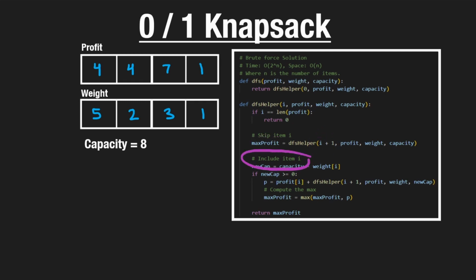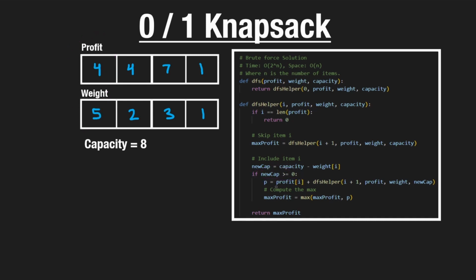When we include the item is a tiny bit more complicated, and that's because we first have to ensure that we have enough capacity to include the ith item. So we take the current capacity that we have that was passed into our function, subtract the weight of the item that we're trying to include, and we get a new capacity. If the new capacity is greater than or equal to 0, then we're allowed to include this item. So that's what we do.